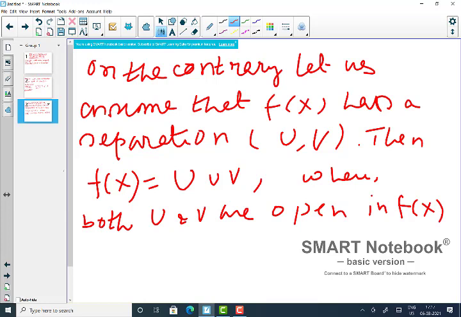And obviously they are disjoint. U intersection V is empty, but U is not equal to empty, V also not equal to empty.